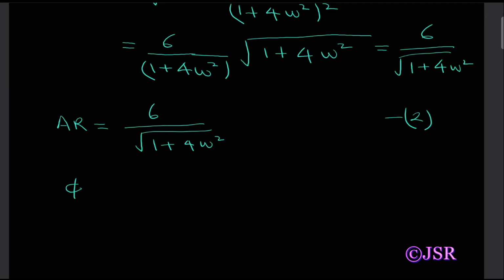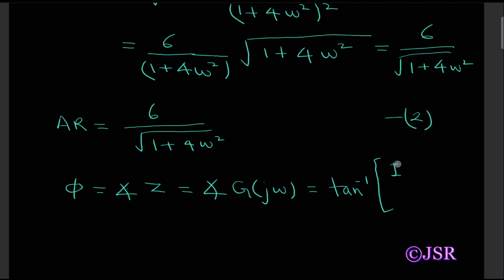And the phase shift can be calculated as the argument of z or argument of capital G of j omega. So therefore tan inverse of the imaginary part of z to the real part of z.